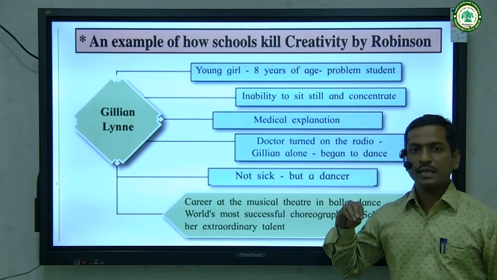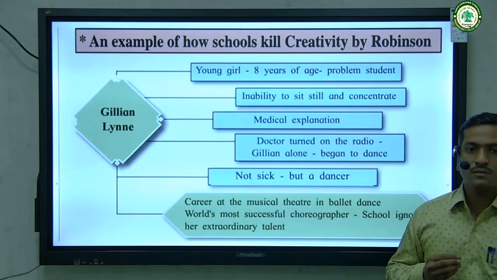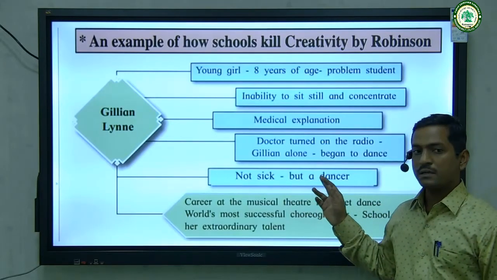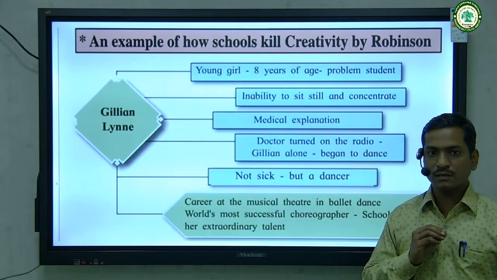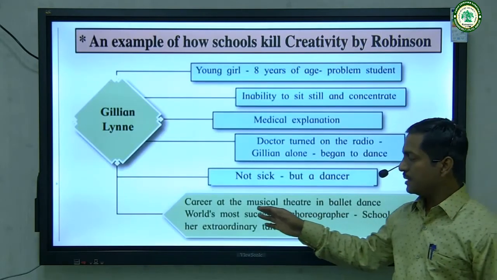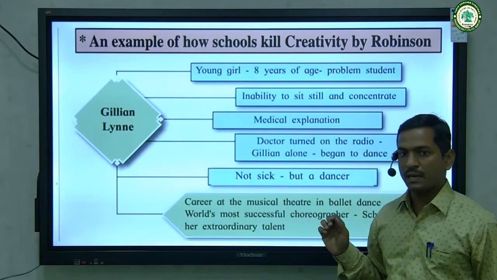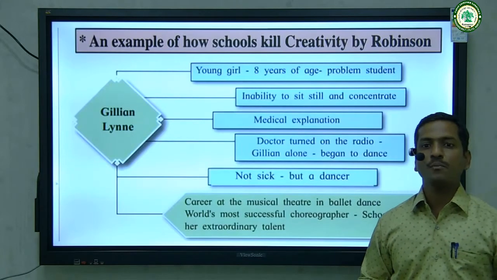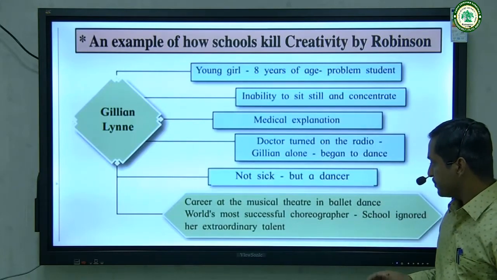After that, the doctor announced that Gillian Lane was not sick, but a born dancer. Then Gillian Lane made her career in musical theater and ballet dance. Then she became the world's most popular choreographer.